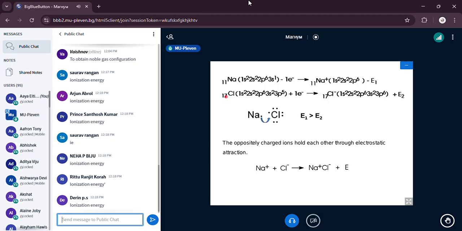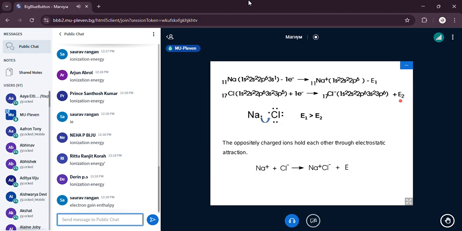Next, chlorine accepts this electron, and a second energy is released. What is the name of this energy? How can we name it? Electron affinity.